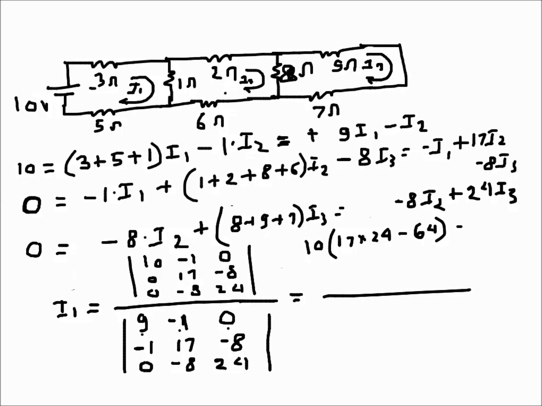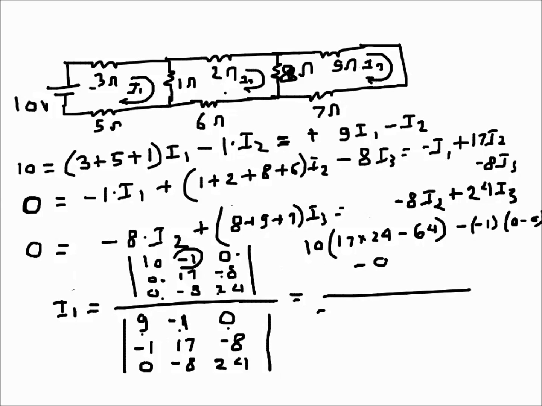Then minus of minus 1, so 0 into 24 is 0, and 0 into 8 is also 0. For the minus 1 term, it is 0 into 24 minus 8 into 0, so that's 0. For the third one, it's already 0 because this entry is 0.